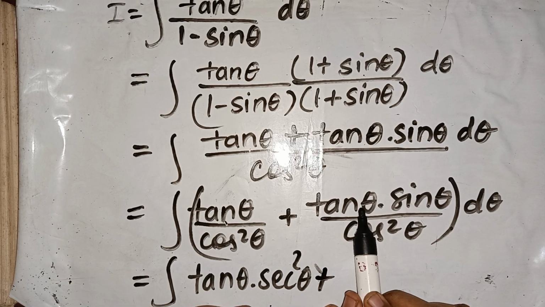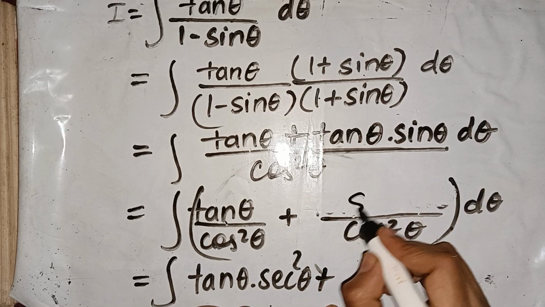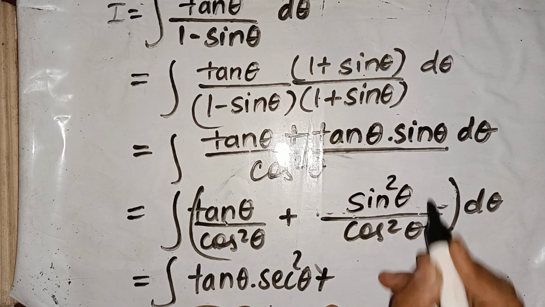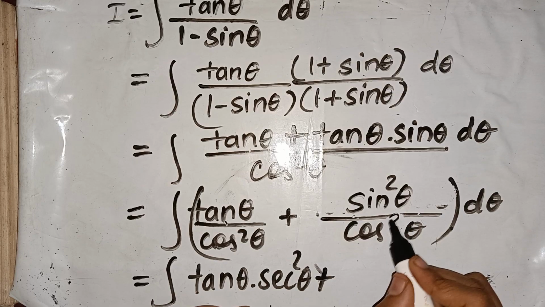What about this? Tan theta is sine upon cos. So sine into sine becomes sine square theta, and sine upon cos, so this becomes sine square theta upon cos cube theta.